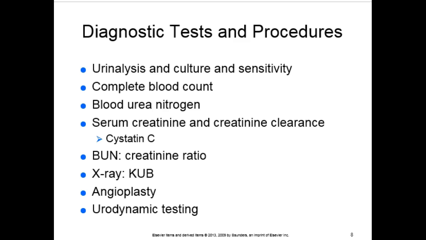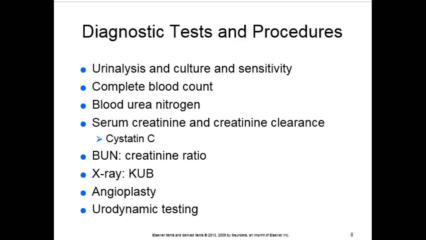An X-ray such as a kidney, ureters, and bladder X-ray, or KUB, is used to locate kidney stones or to detect structural abnormalities. So the patient would receive an injection of a contrast. So it's important to check for allergies prior to sending the patient down for the X-ray.